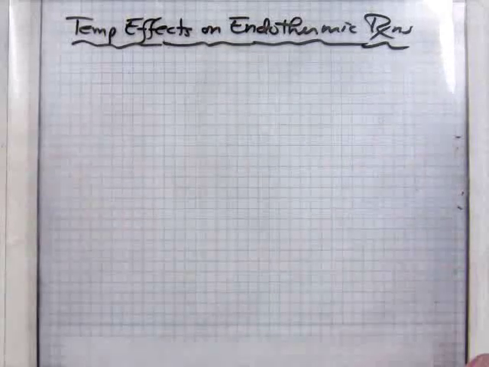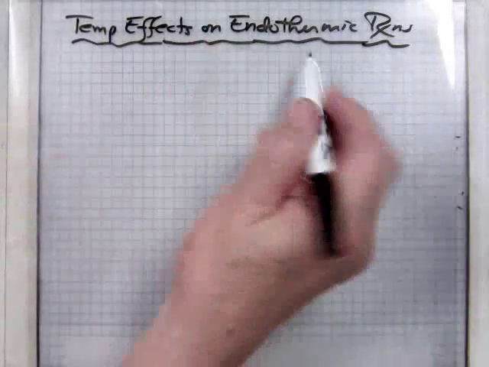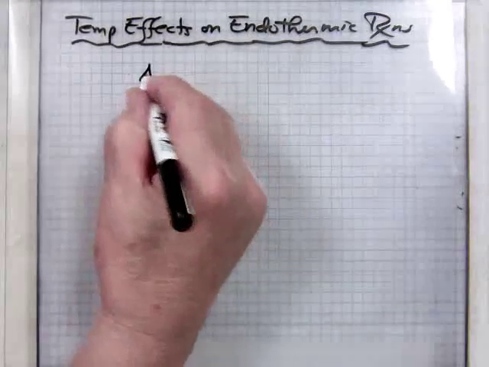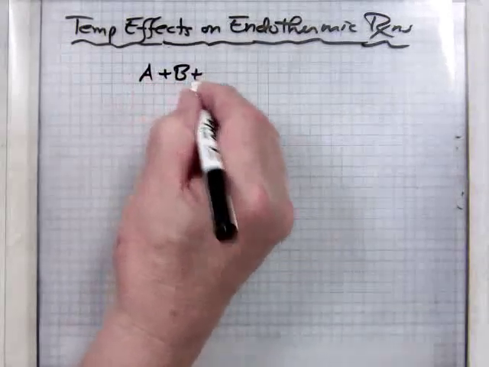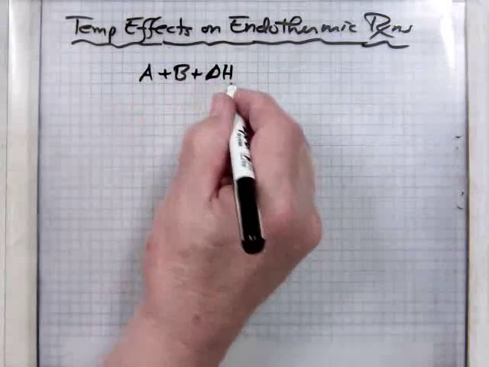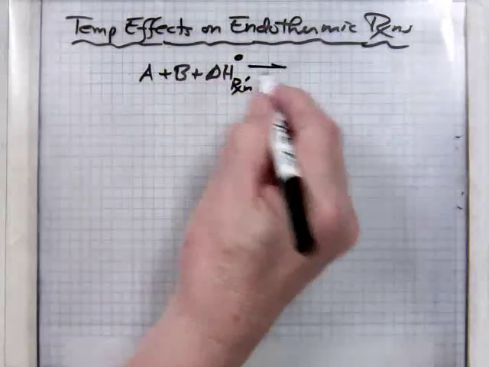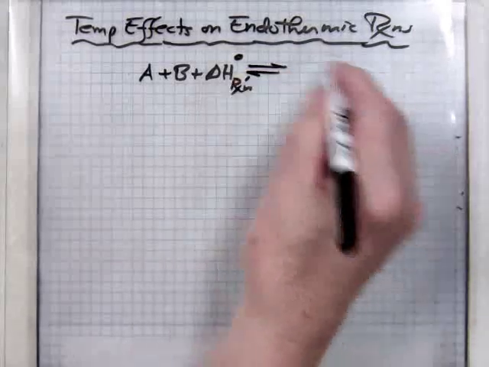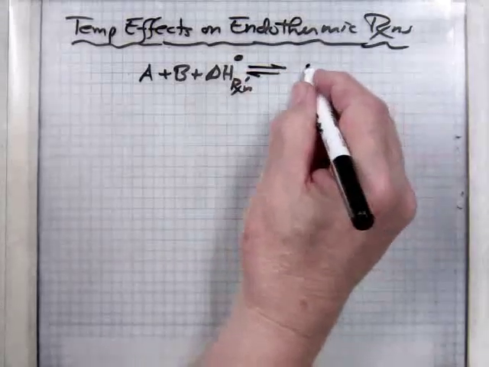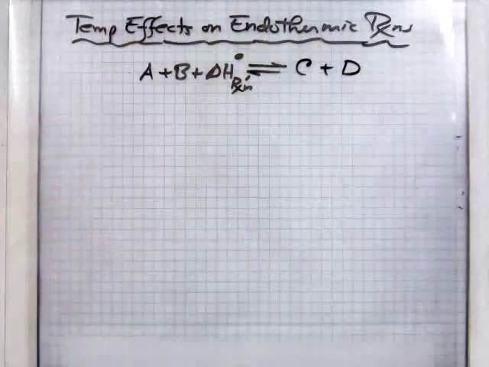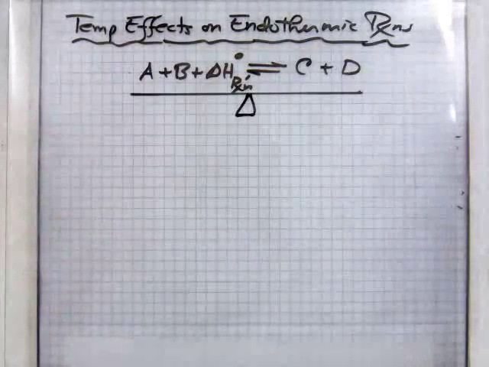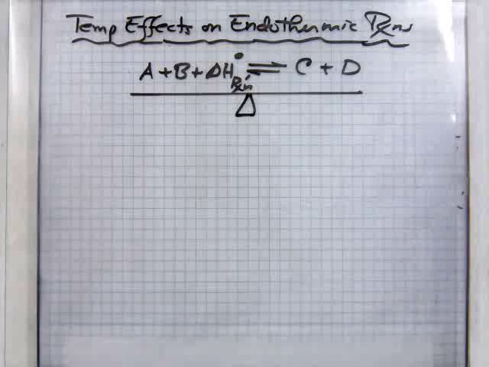Now, when you write an endothermic reaction, of course, A plus B plus the energy number has to go on the reactant side in this format, and goes to C plus D. Now, the effect of temperature is heating or cooling.